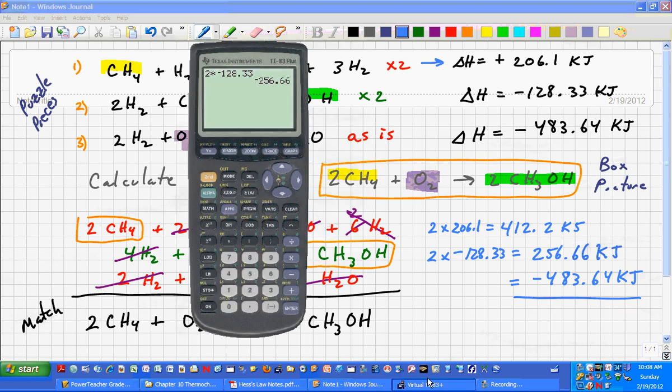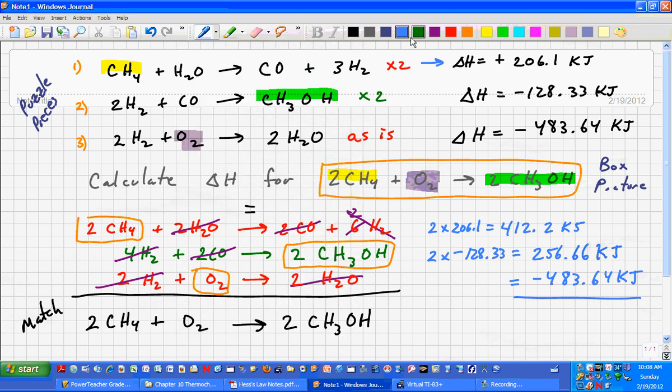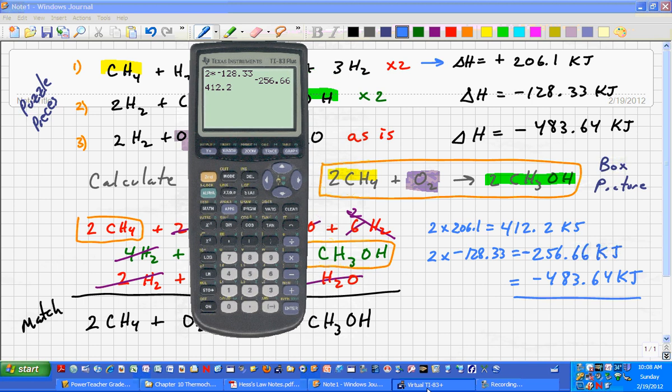So I'm going to total up these delta H's, and I get 412.2. Oh, I almost lost my negative sign on that. This guy right here is a negative. Yeah, I had a feeling that was going to happen. Okay. 412.2 plus a negative 256.66 plus a negative 483.64.